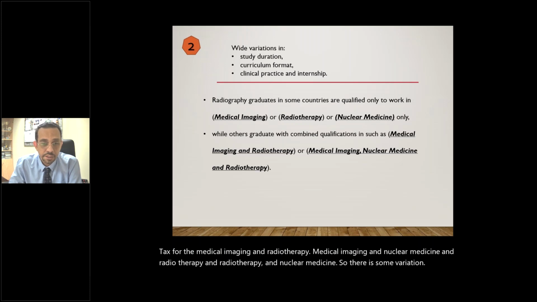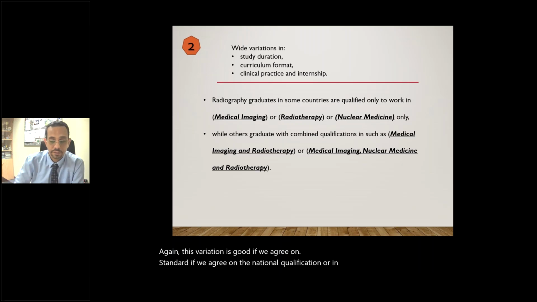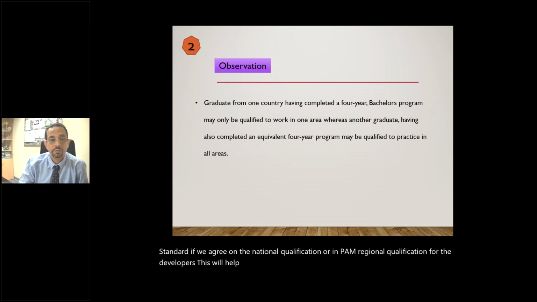Again, this variation is good if we agree on a standard, if we agree on a national or regional qualification for the radiographers. This will help a lot the development of the profession.